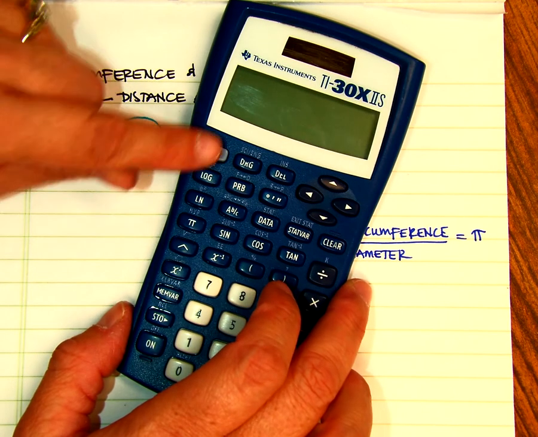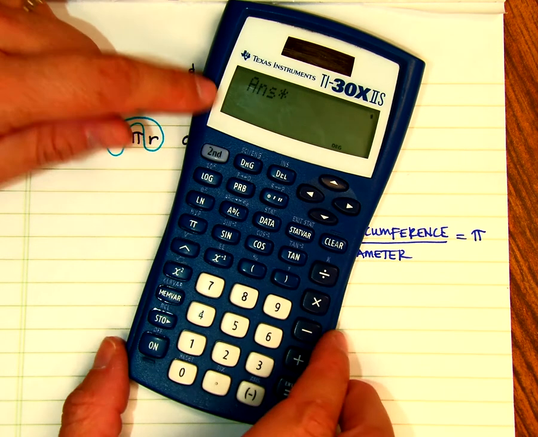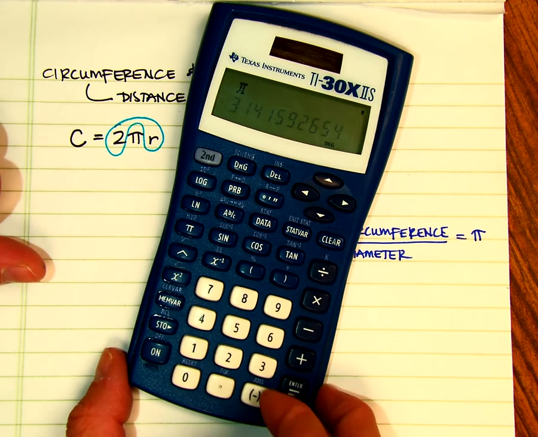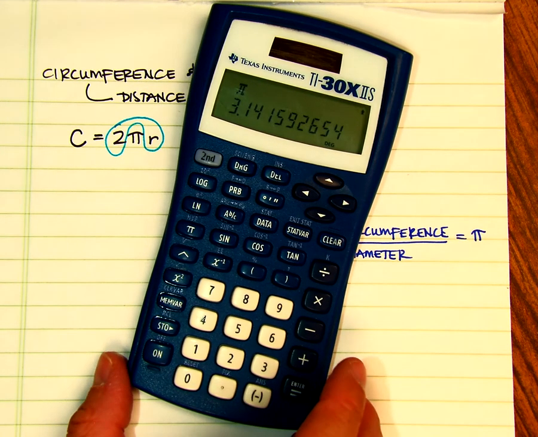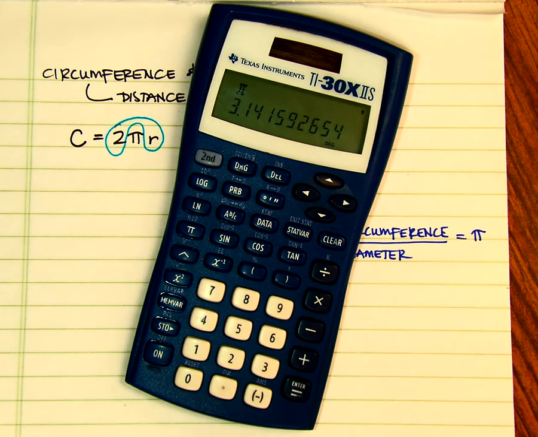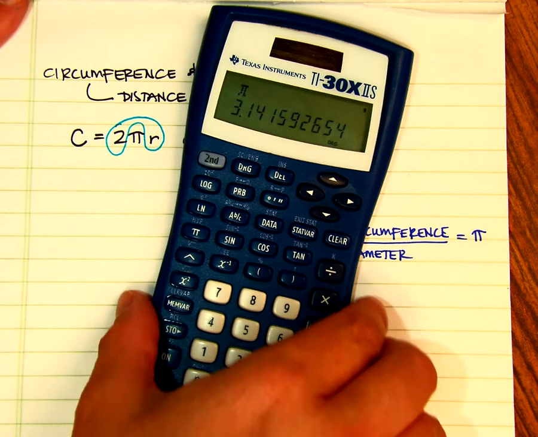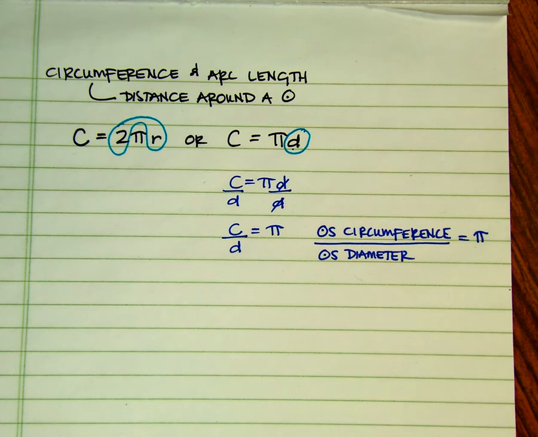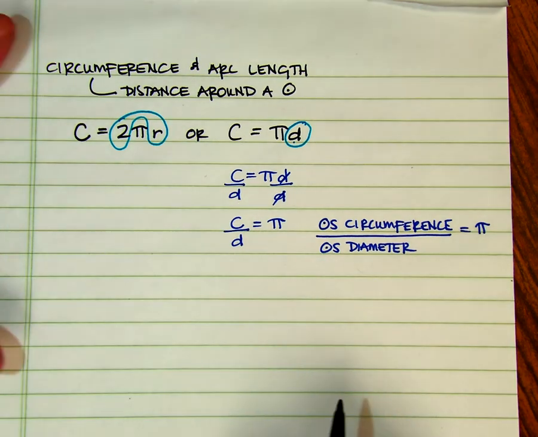If I turn it on and hit it, you're going to see a whole bunch of decimals, 3.141592654. I would highly suggest as you're working to not just use 3.14, but instead at least carry it out to 3.14159. That way you are getting answers a little more accurate. Okay, so that is how we find circumference.